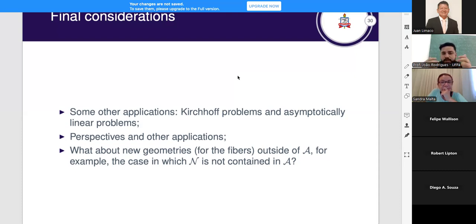We have studied some other problems involving Kirchhoff operators and some other kinds of quasilinear problems, but we think the range of applications is very interesting for this method. I don't have time to show them. Thank you very much for your attention.